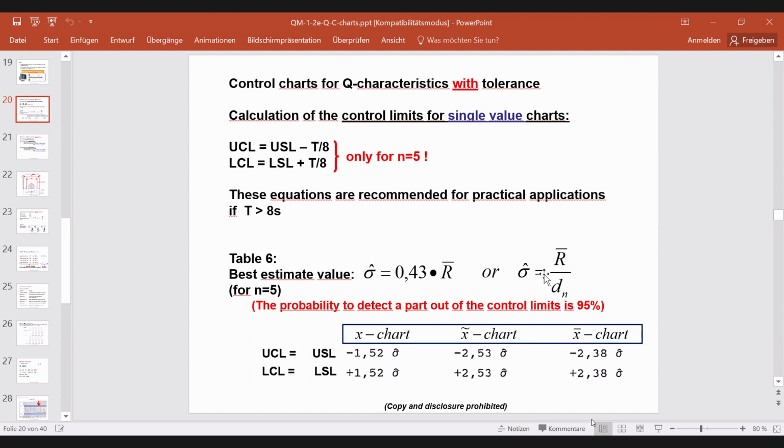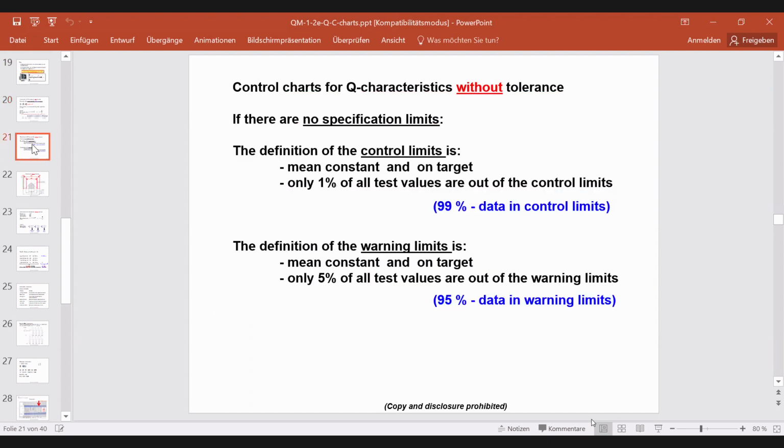You also can take this here, this dn is a table value. Mostly they take this equation here because it's easier. And then it's easy to calculate the upper control limit and the lower control limit with these equations here.